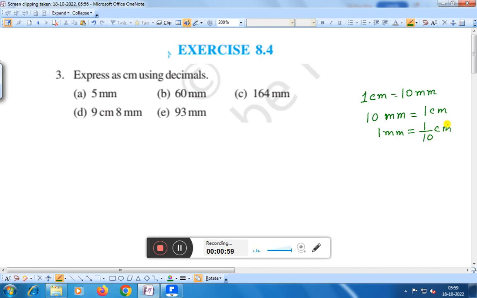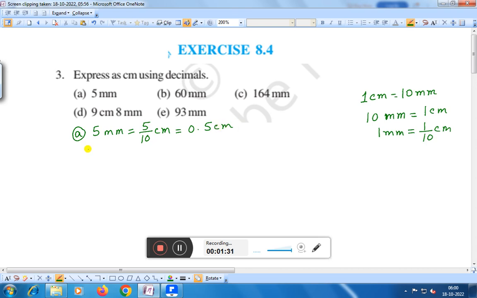That means to convert millimeter into centimeter, you have to divide that number by 10, right? Let us divide. Question number A is 5 millimeter. That means to divide that number by 10. That is 5 by 10 to convert it into centimeter. That is 0.5 centimeter.